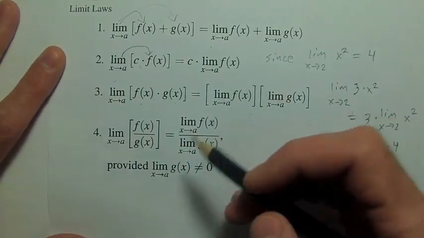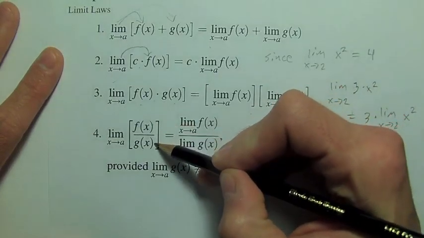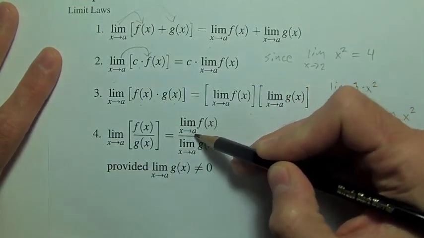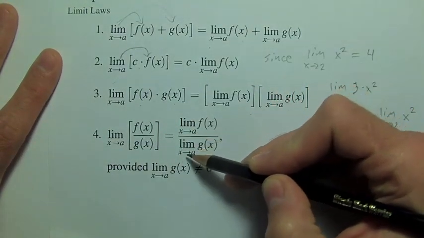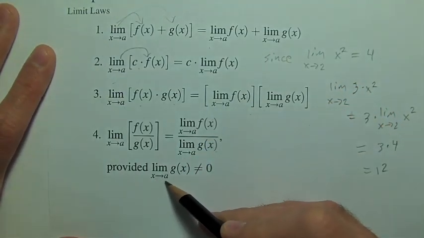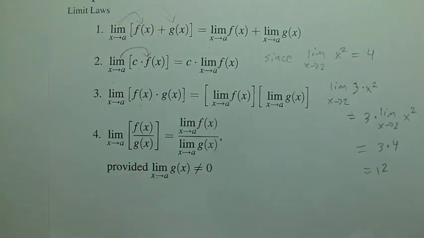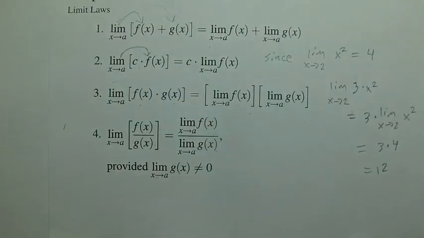And the same with division. The limit as x goes to a of f of x over g of x is the limit as x goes to a of f of x over the limit as x goes to a of g of x. And this is provided that this limit on the denominator is not equal to 0, since we can't divide by 0.